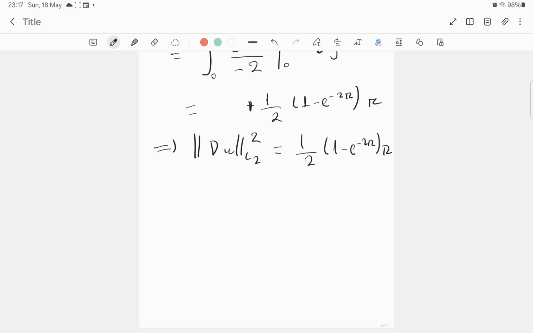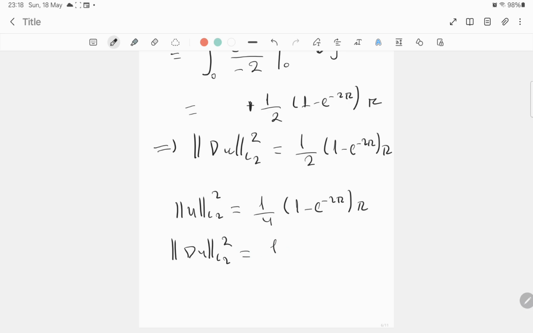And of course you can see here that I've shown that the u L2 squared is 1 over 4 times this term here, and the gradient u L2 squared is a half times this term.